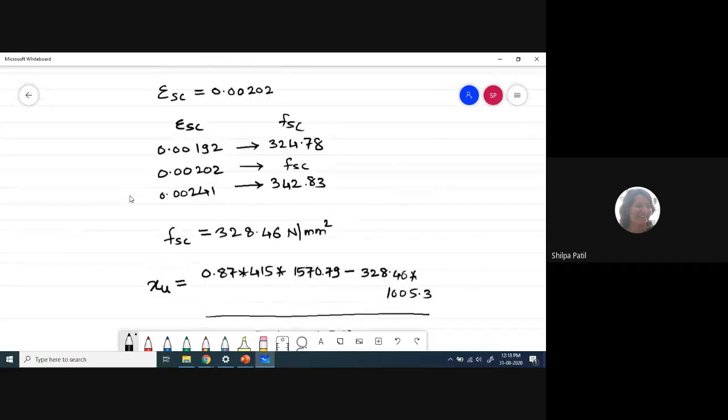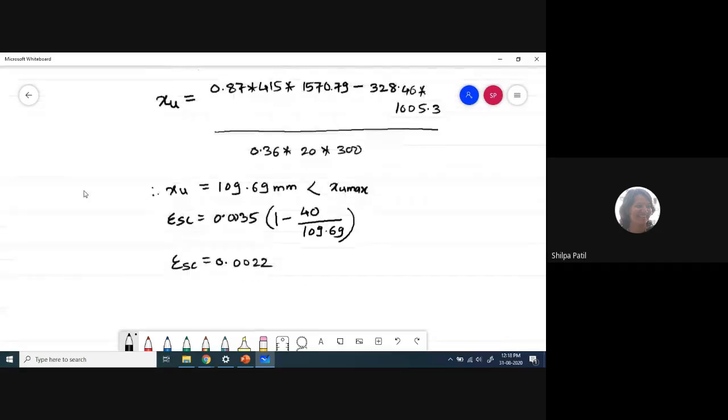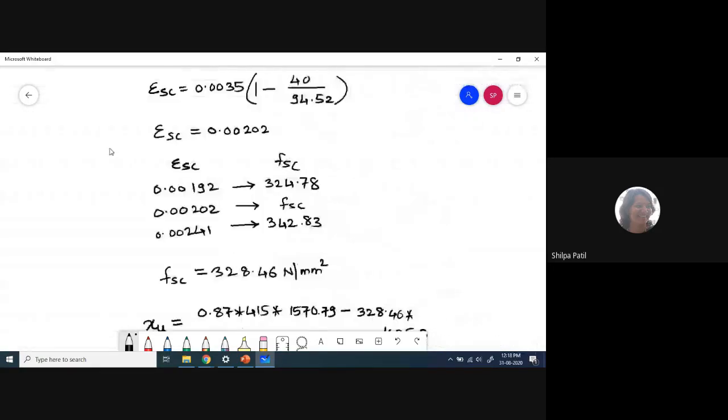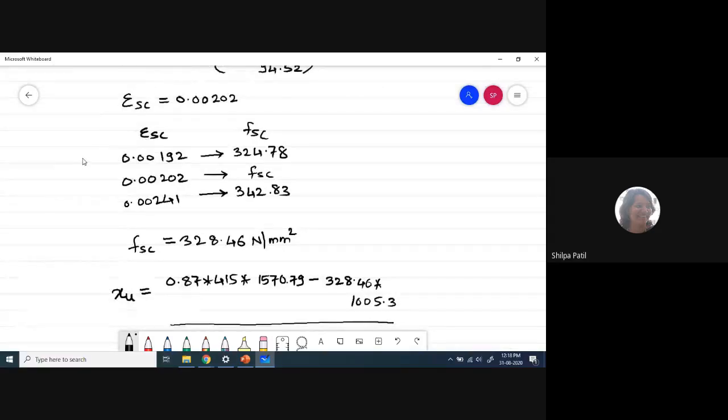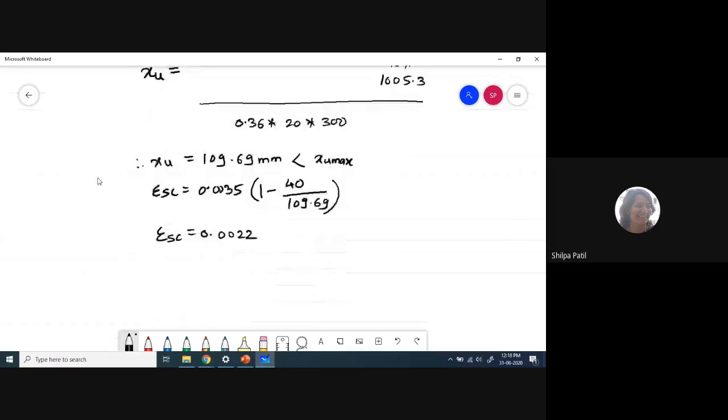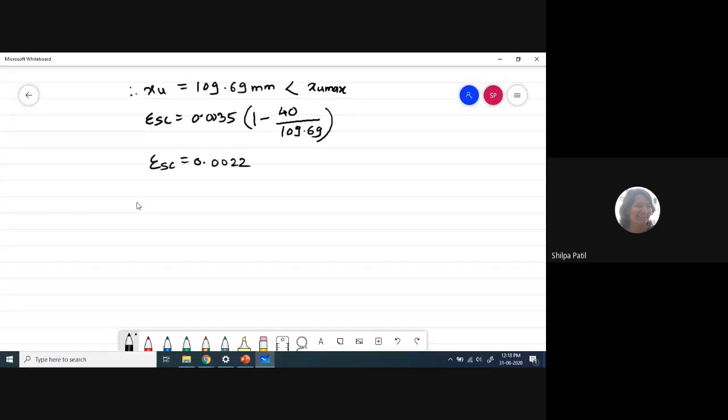The interpolation range will remain the same. The same range we have to do, but this value is different. So the FSC value will come out to be different. Let me check whether I can copy this or not. No, it is not possible. Okay, so again I will write down here epsilon SC.